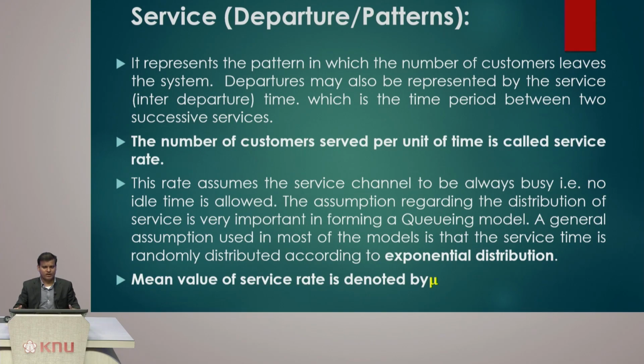The assumption regarding the distribution of service is very important in forming this queuing model. Generally speaking, this service pattern is exponentially distributed. So, the mean value of service rate, or mean service rate, can be represented as mu. We will see the formula later.